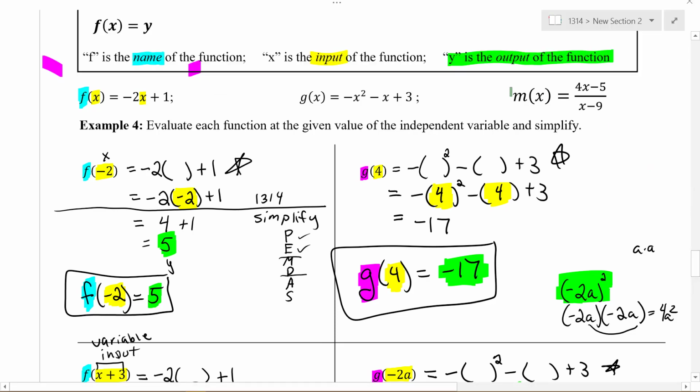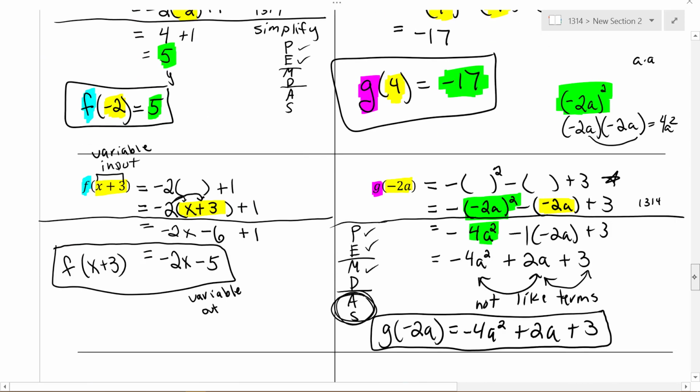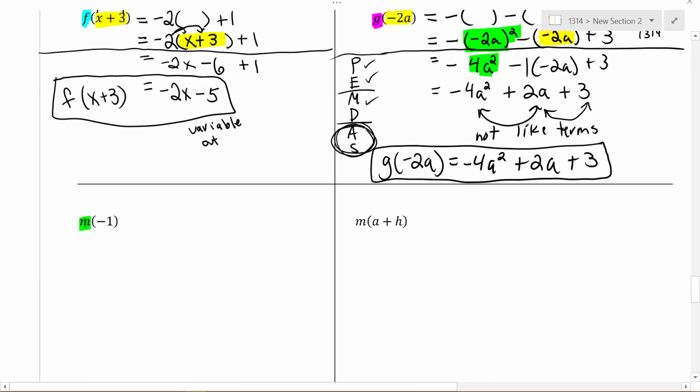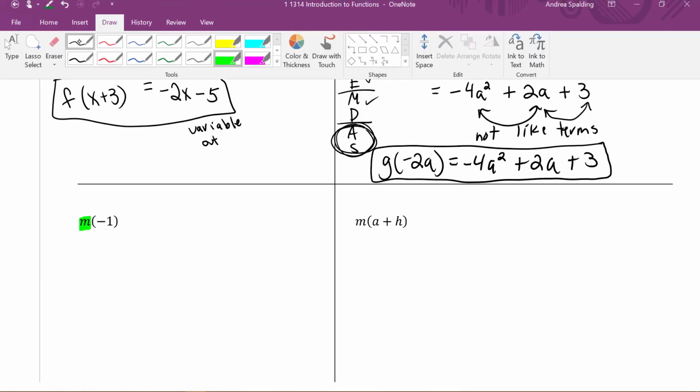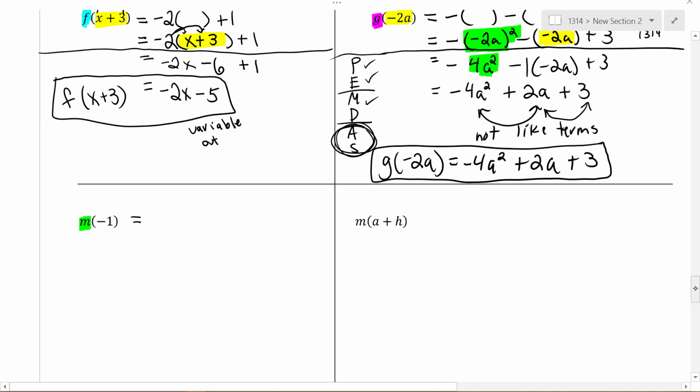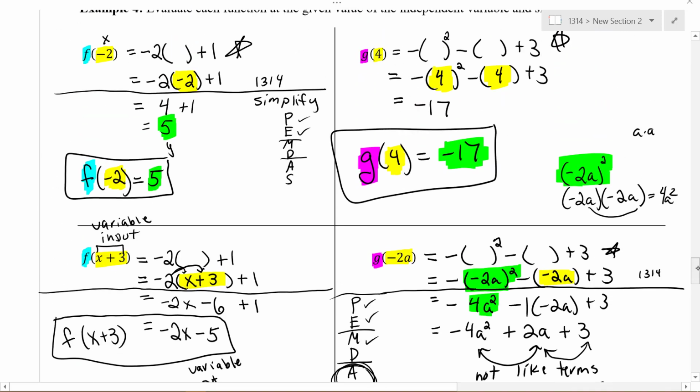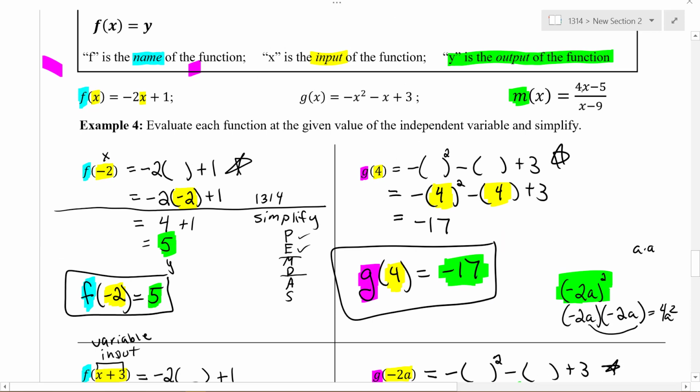Okay. So we're using equation M. That's the name of our function. We're going to copy down equation M. Okay, and I'm going to scoot up a little bit so we can see it. That's 4x minus 5 divided by x minus 9. And remember, first step, anywhere that I see an x, I'm going to put parentheses instead.